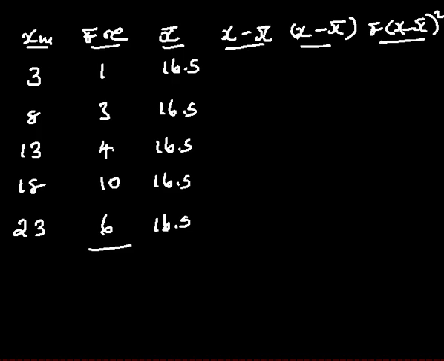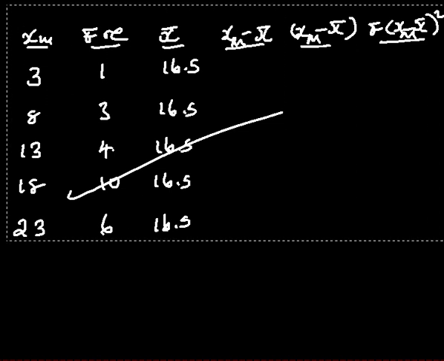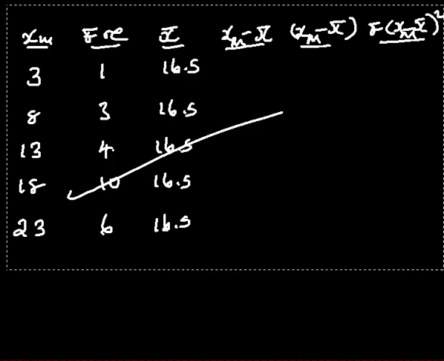Then everything remains the way we did it on the ungrouped data. The first value is x, with subscript m, that is the midpoint. Then everything will be done the same way as before. So try to have the variance and the standard deviation for this data.